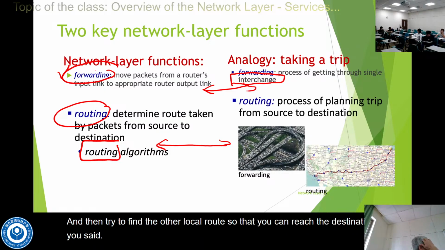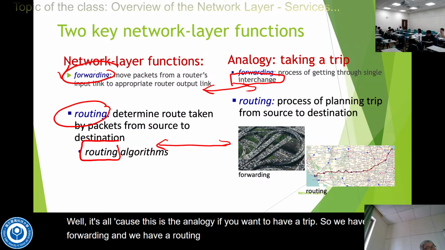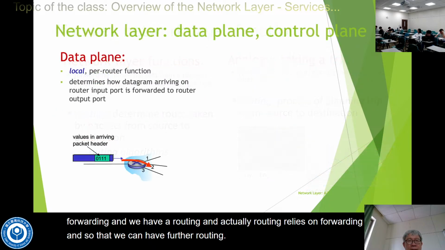Well, so of course this is the analogy if you want to have a trip. So we have forwarding and we have routing. And actually routing relies on forwarding, so that we can have the routing. We have two planes.